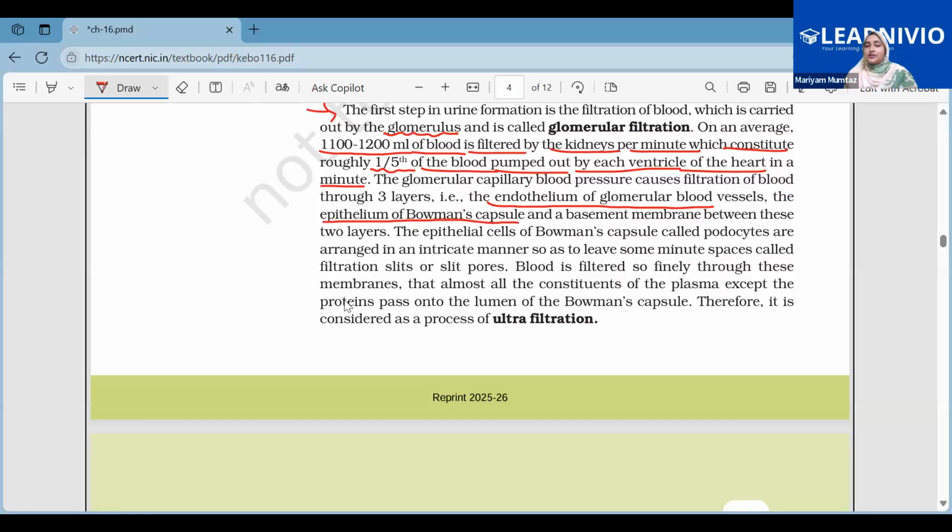The epithelium of the Bowman's capsule, meaning the innermost layer of the Bowman's capsule, is layer number 2. And in between them there is a basement material which is like a cementing material. I don't know why they have removed the picture. I had it. One second, I'm showing you the picture of how that looks.